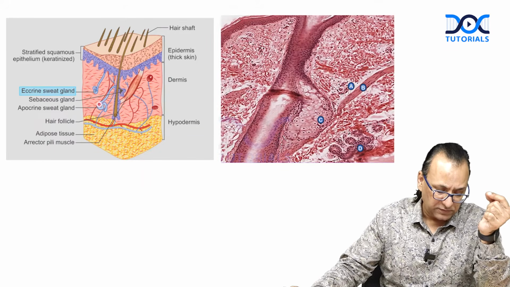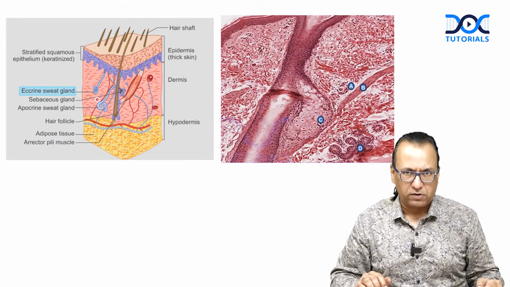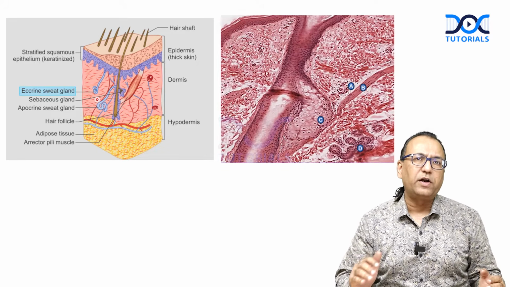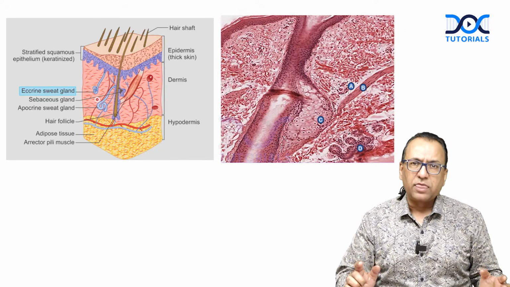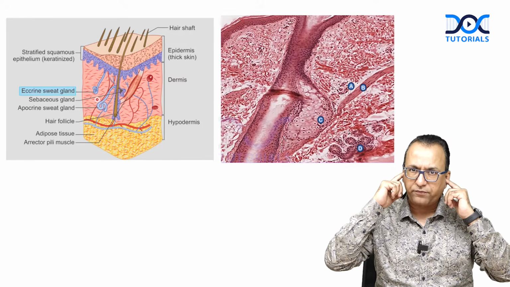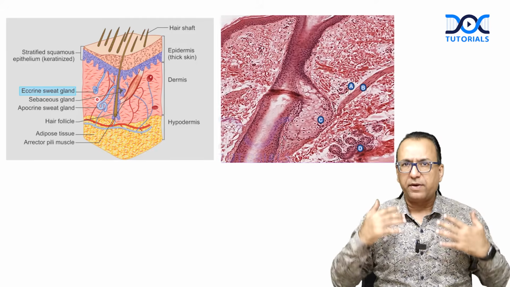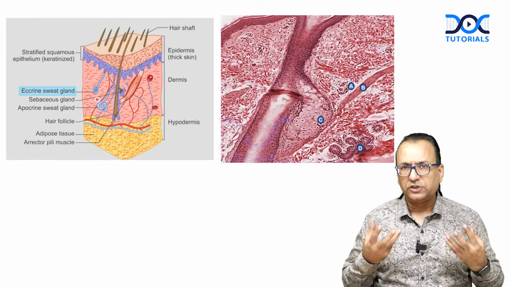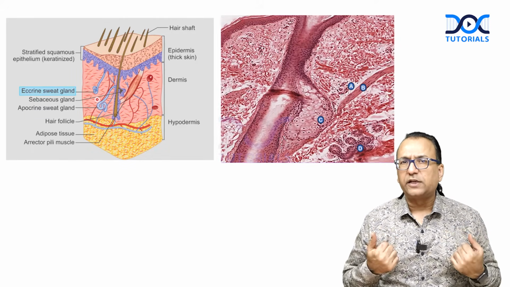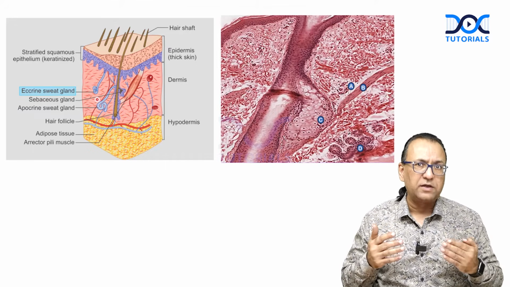And as we are telling, there can be some modified apocrine sweat glands also. Question comes, name some modified apocrine sweat glands. The ceruminous gland, the wax gland in the external ear, is a modified apocrine sweat gland. And even the mammary gland, when you talk about the secretion of the lipid. So secretion of lipid into the milk is done by the apocrine method.